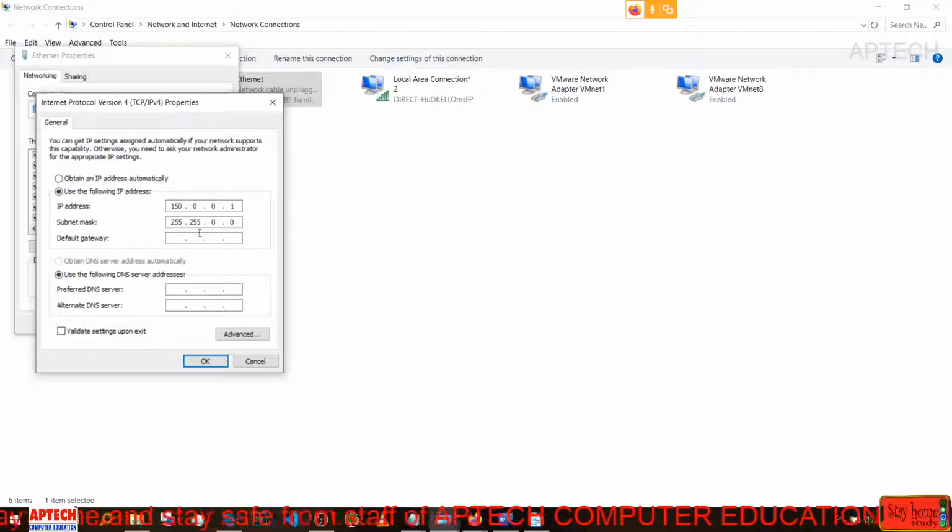Then here, I think by default the subnet mask will be 255.255.0.0 because it's class B. But since we want to subnet it, we have to put a different value here. So change it to 255.255.192.0.